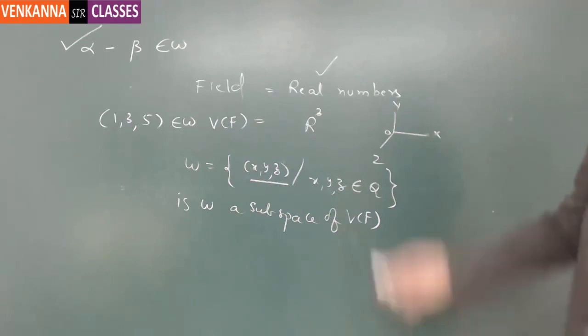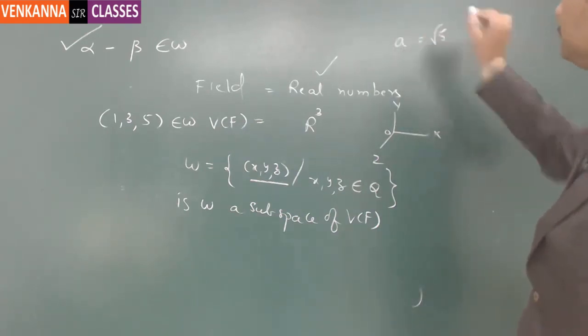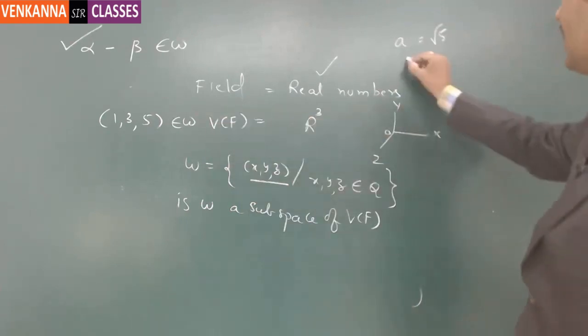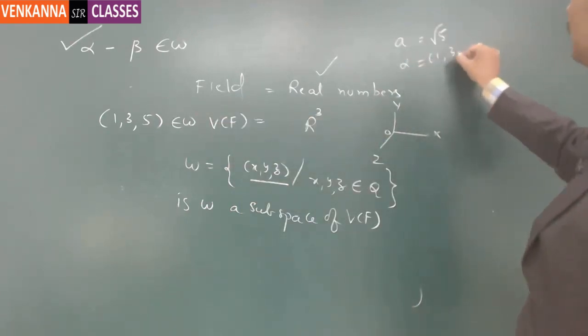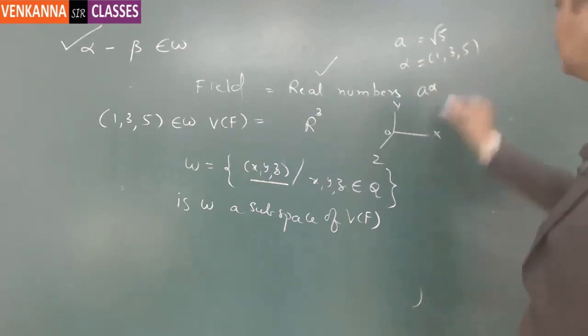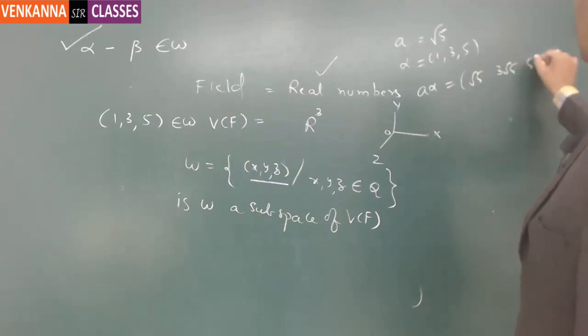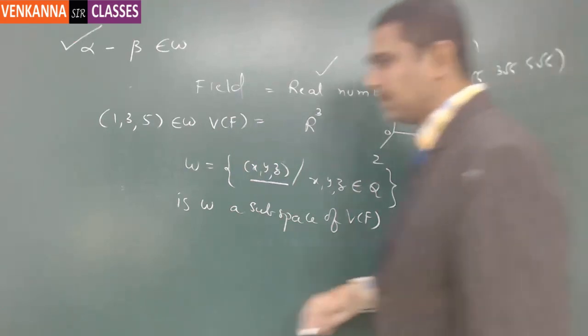So here what happens, I will take the scalar A is equal to root 5. I will take the vector alpha is equal to 1, 3, 5. Now if I apply scalar multiplication A alpha, it is nothing but root 5, 3 root 5, 5 root 5. Accepted?